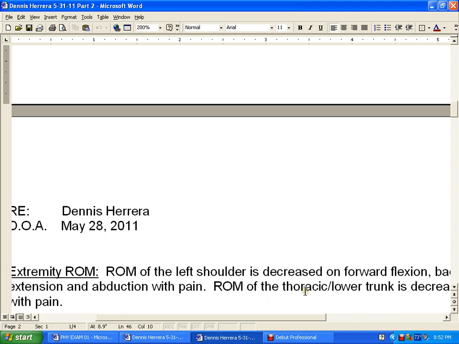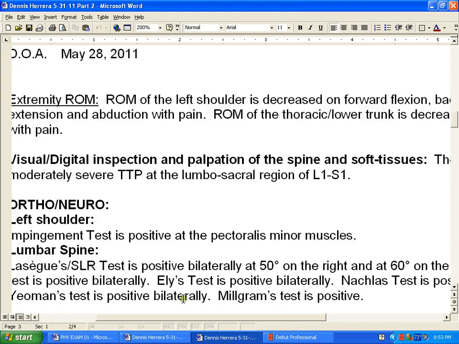And also, if it has the thoracic lower trunk that's decreased, then you would put that too with pain, or if there's no pain, then you don't put it at all.